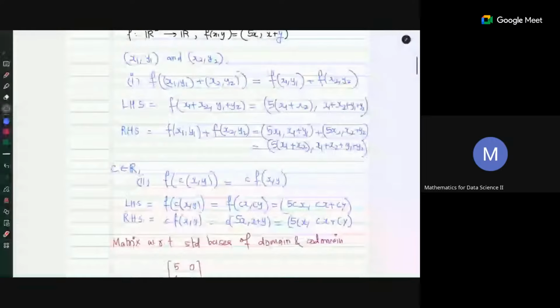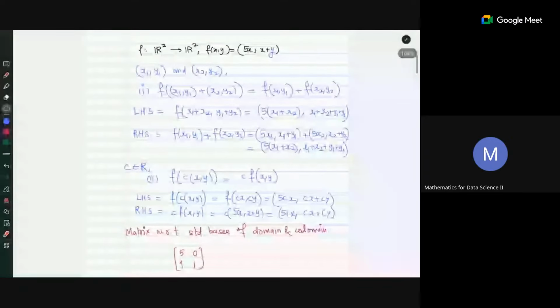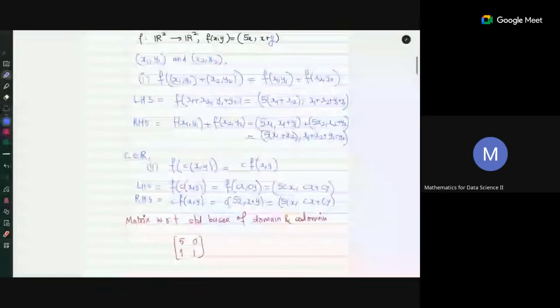Now, if I consider this matrix and define a function as A times xy, what will you get if you multiply A times xy? 5x comma x plus y.